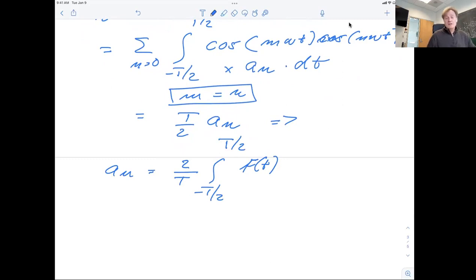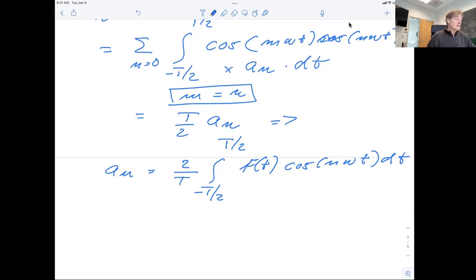So it could even be just a first order polynomial like x, or it could be x squared, it could be a cosine function, could be a sine function. If it's a sine function, this is actually going to be 0. And then I would have a cosine of n omega t dt. And then I have an expression for the coefficients a of n.